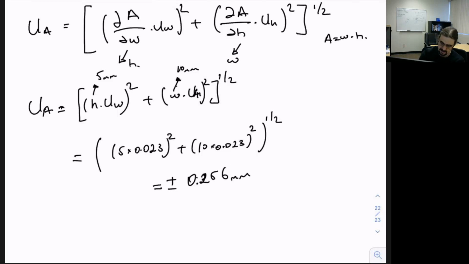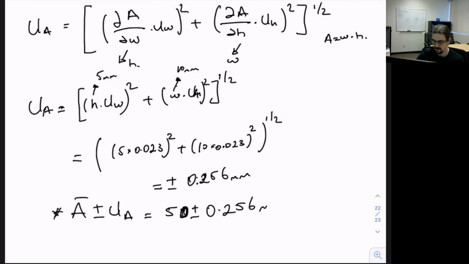That means that my area A plus minus the UA is going to be 50 plus minus 0.256 millimeters at 95 percentile. Of course, it's 95 percentile too.